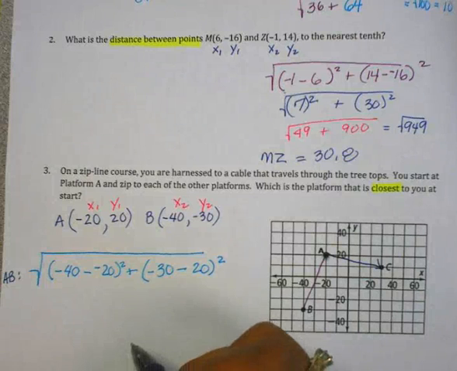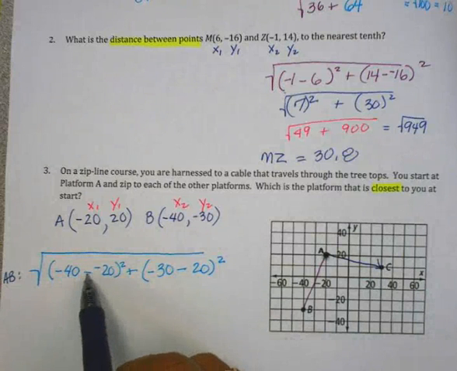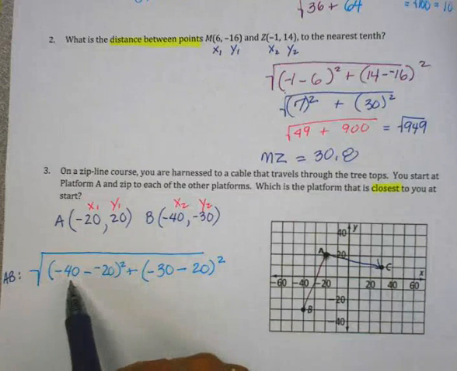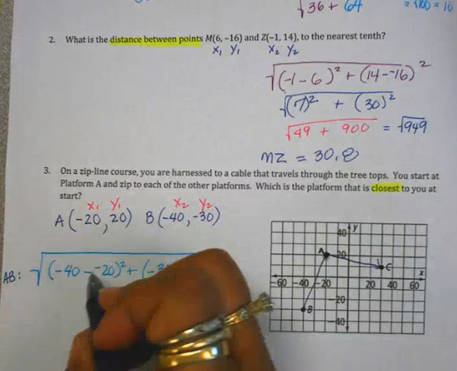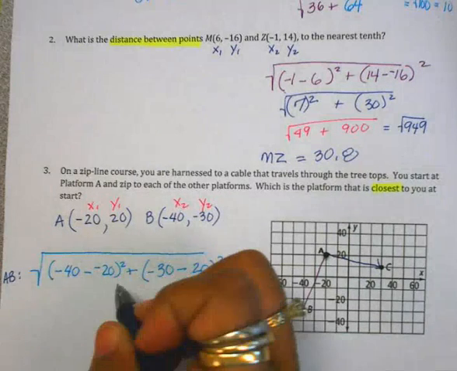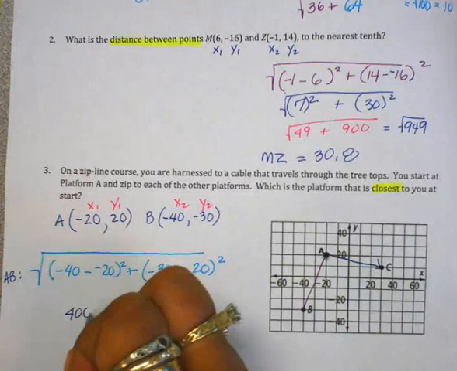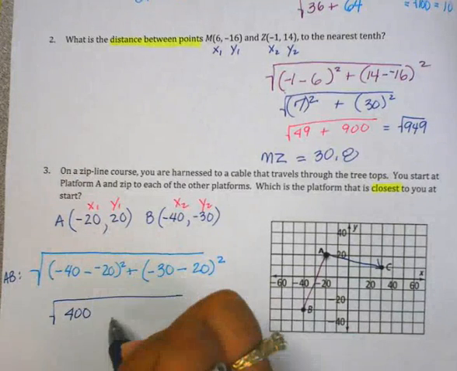So, -40 minus -20, so it's a -40 plus 20 is a -20, -20 squared is 400. Ooh, big numbers.